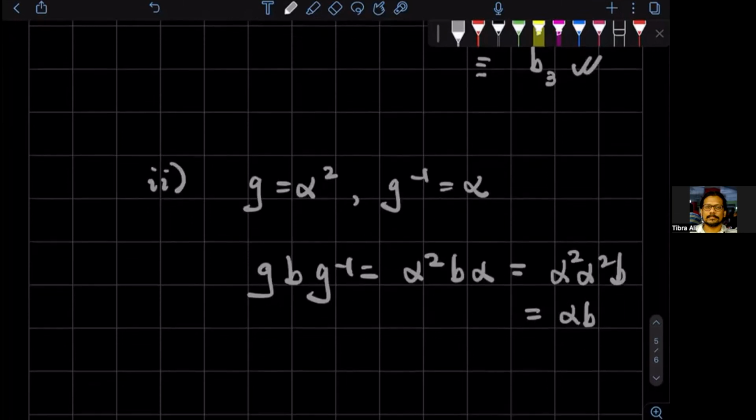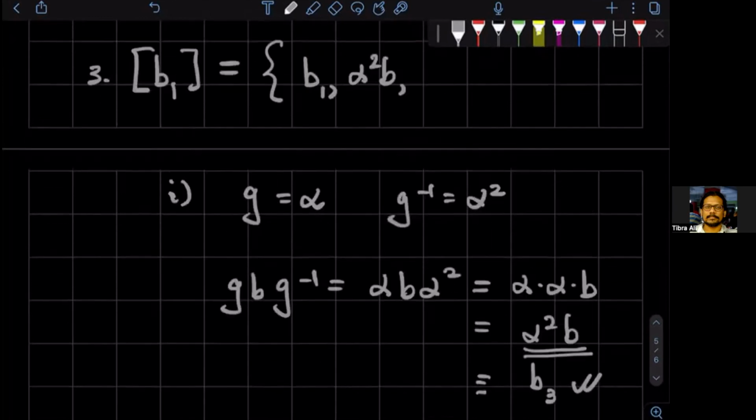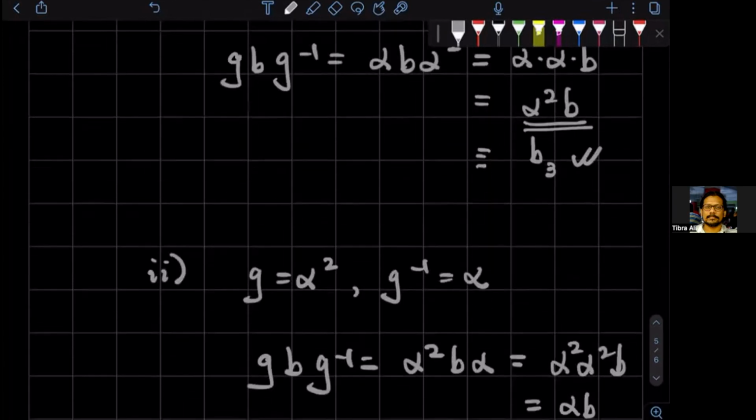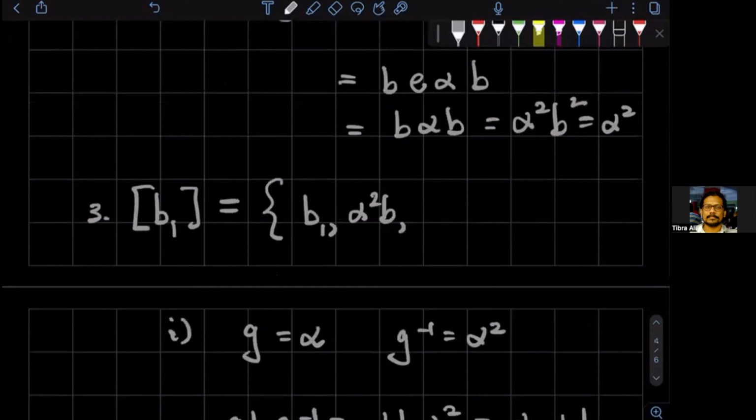So then we can give it a name, which is going to be B2. So this will be alpha B. Oh, sorry, it shouldn't be a comma there. Alpha B. And we have actually exhausted all the elements of our group.